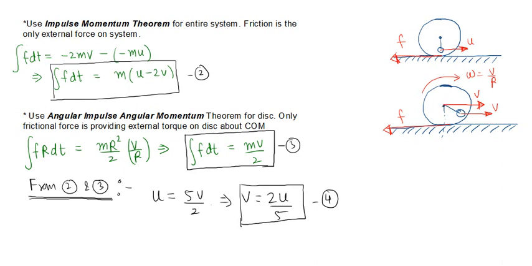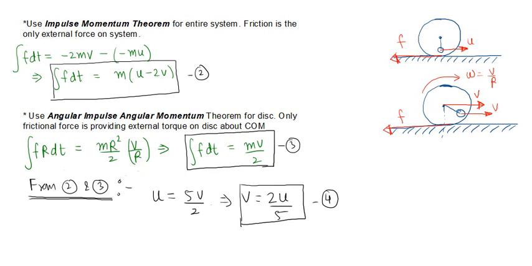So it turns out that only the frictional force has a net external torque about the center of mass of the disk. So the angular impulse of the frictional force about the center of mass of the disk will be integration F r dt. This will be equal to the change in angular momentum of the disk.